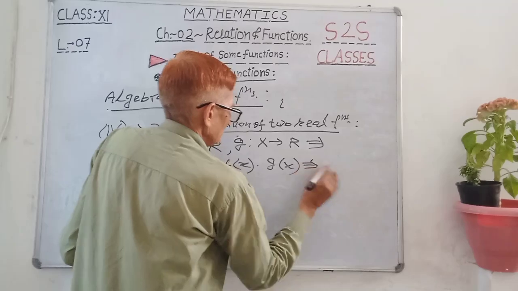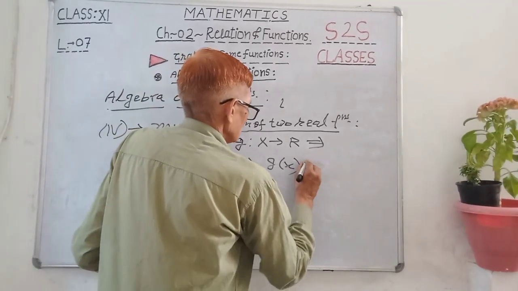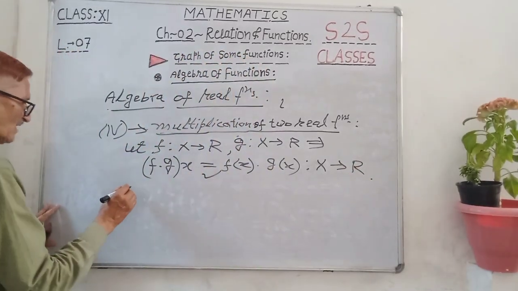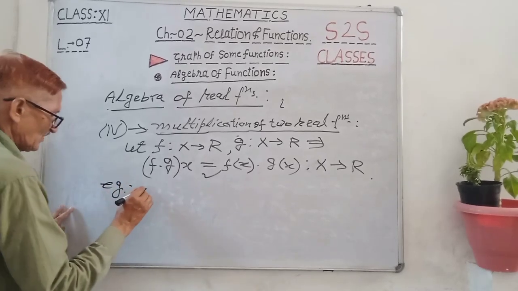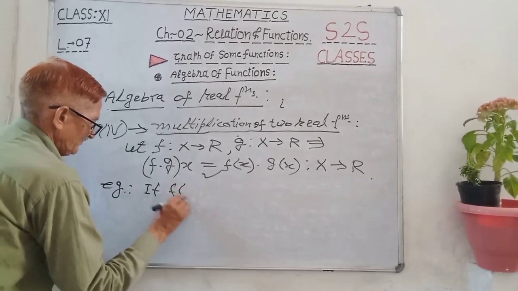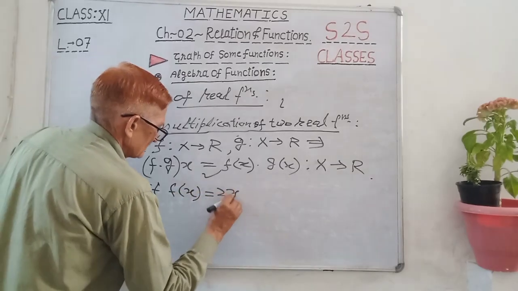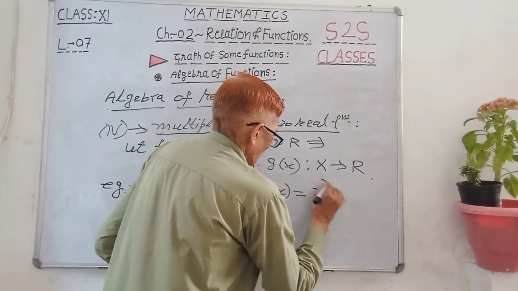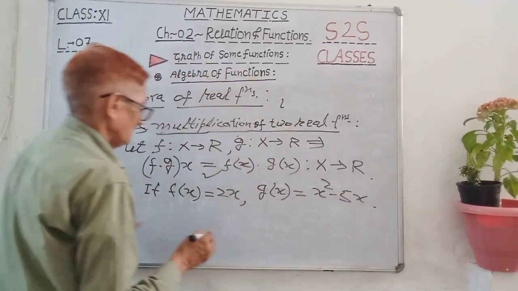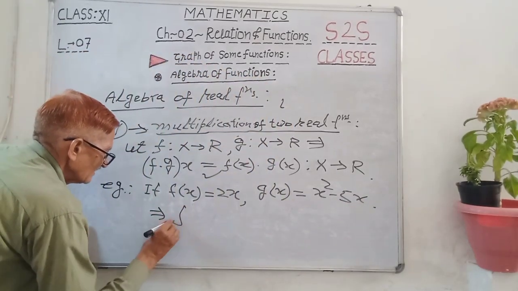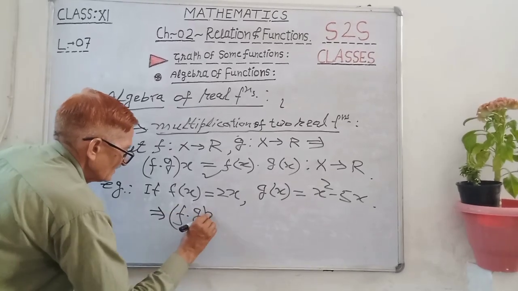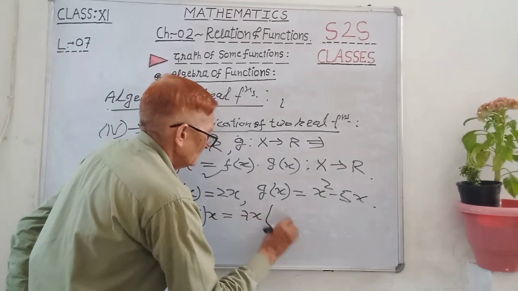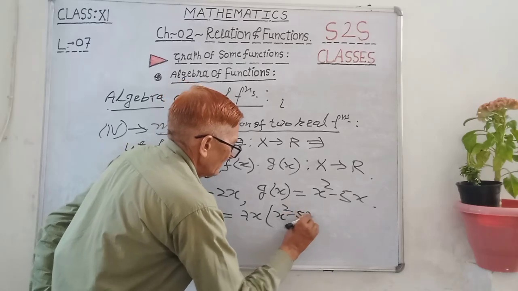Now an example: if f(x) is equal to 2x and g(x) is equal to x² − 5x, then what does this imply? (f·g)(x) will be equal to f(x) into g(x), that is 2x into (x² − 5x).